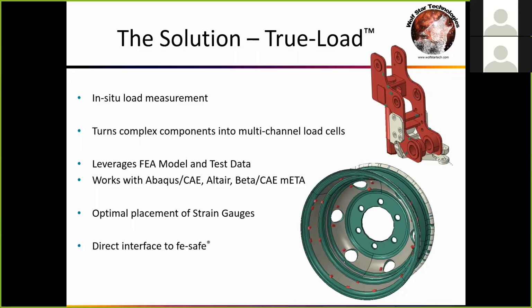The tool works as a plugin for Abaqus CAE, Altair, and BETA CAE, and we are in the process of developing a standalone version that will work independent of your pre- and post-processing environments. So this is what TrueLoad does, and this is what it can bring.